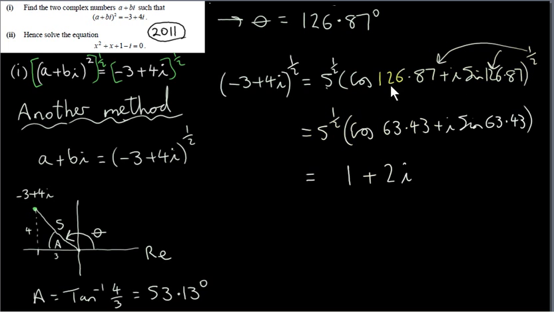So a half of 126.87 is 63.43. If we multiply 5 to the power of a half by the cos of 63.43, we get 1. 5 to the power of a half times the sine of 63.43 gives plus 2. So here's one solution.